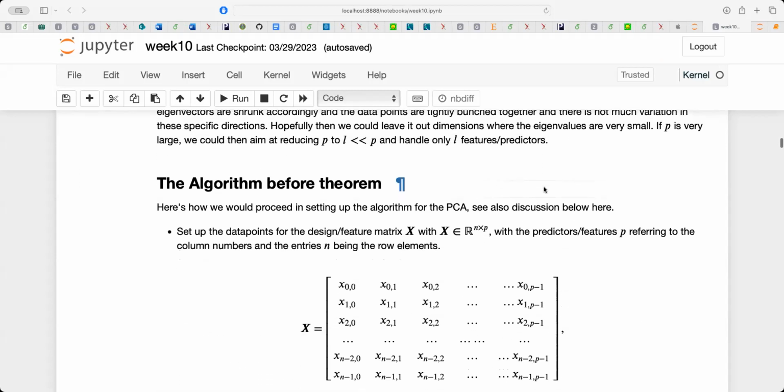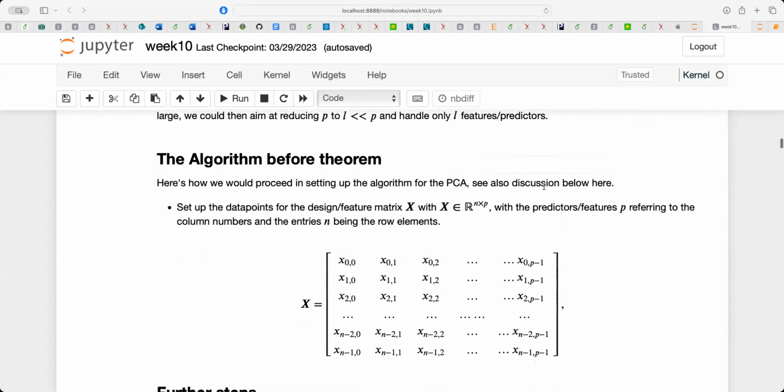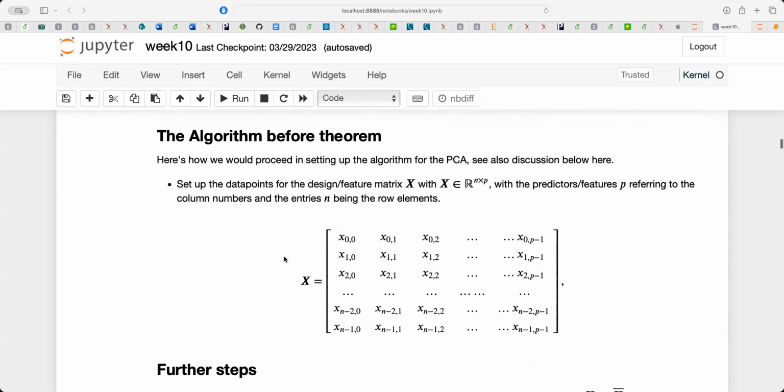So the way you would typically set up the algorithm is that you set up the data points for the design feature matrix. This is a typical approach. And depending on the number of features you have and the type of problem you want to reduce the dimensionality of, this matrix can be small or it can be huge.